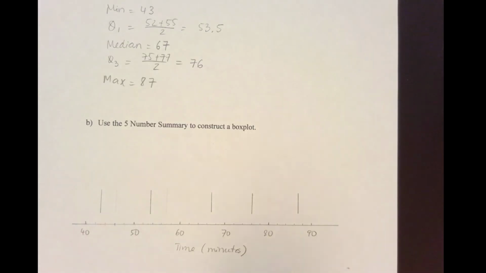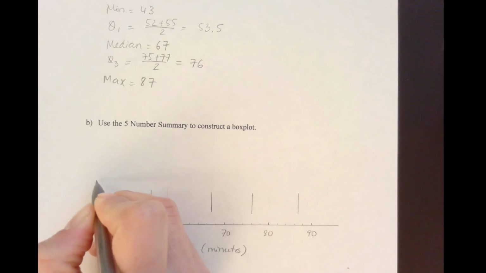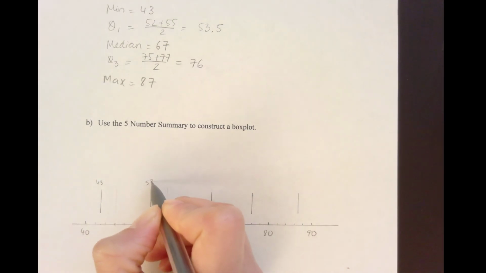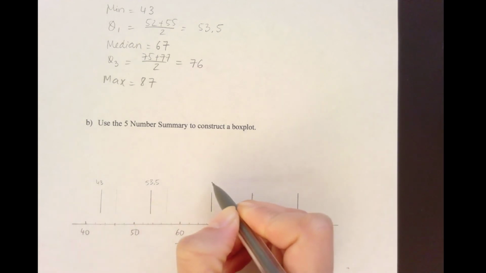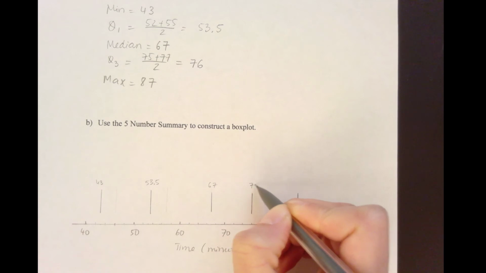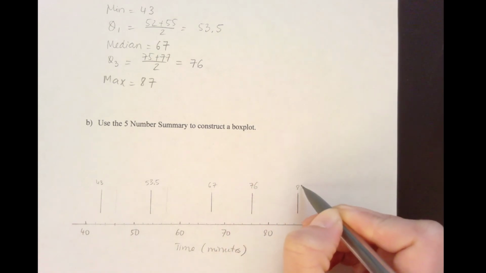Okay, so I marked the five-number summaries on with vertical lines here. This is 43, which is the minimum. Q1 is 53.5, and median is 67. Q3 is 76, and the maximum is 87.